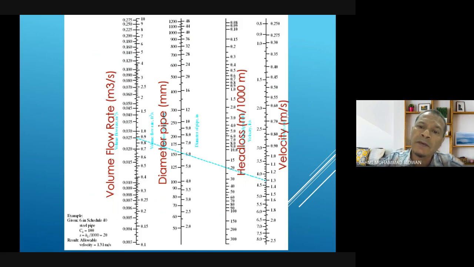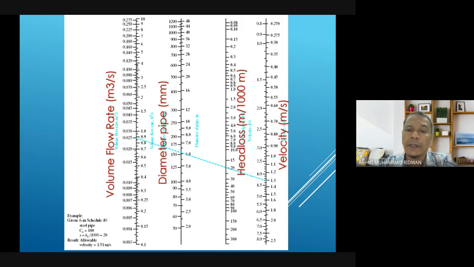So if the head loss is given here and the diameter is here, we can directly draw a straight line to determine the volume flow rate here and also the velocity here. So simply we can do it like that.